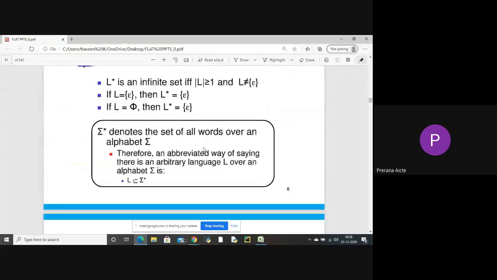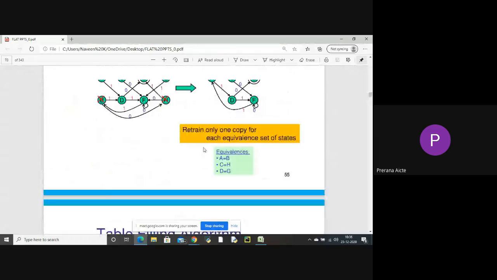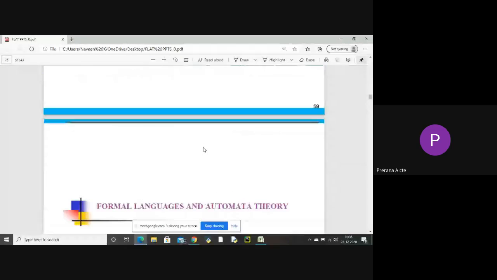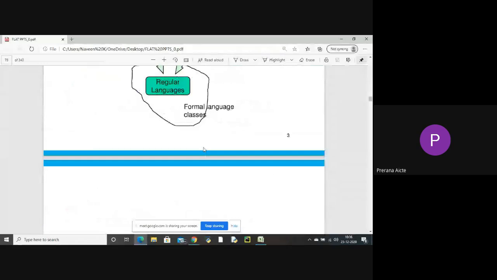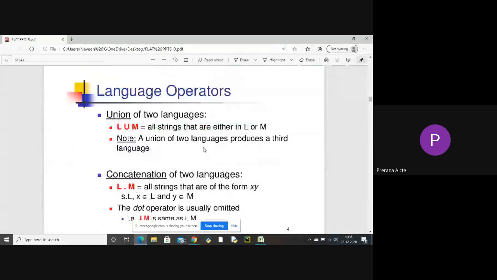We'll see here, if you have two languages called L and M and you perform the union operation, then L union M contains all strings that are in L or M.